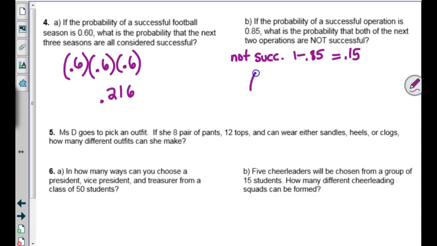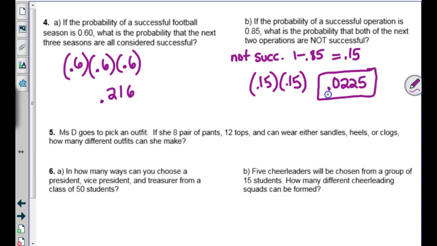And then if you have 2 in a row, it would just be 0.15 times 0.15, which is 0.0225. That's what I thought, but that seemed really tiny. And you can change those to percents, but if you move the decimal over, you just need to put the percent symbol.